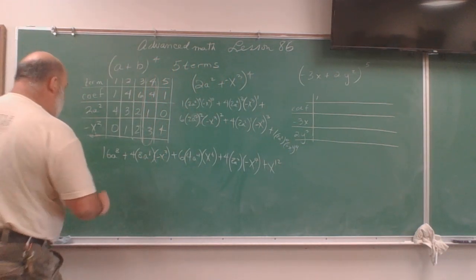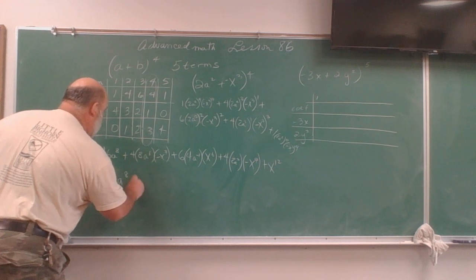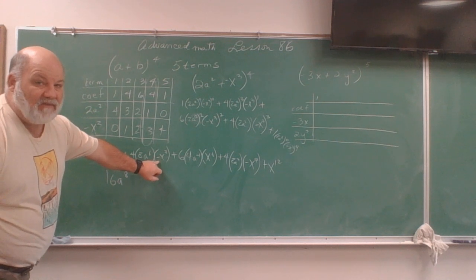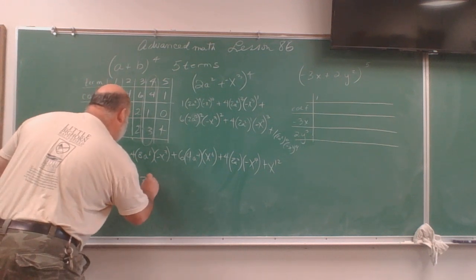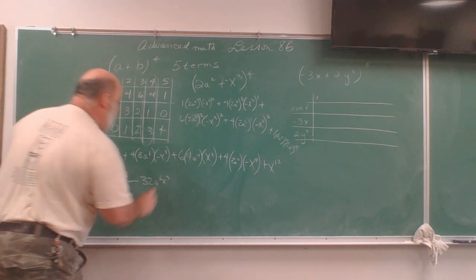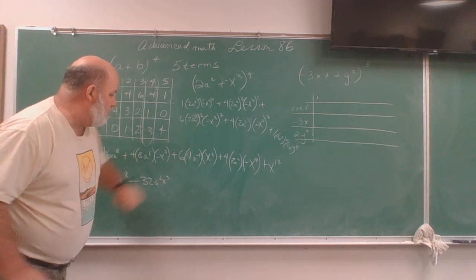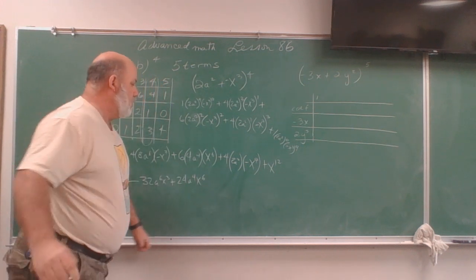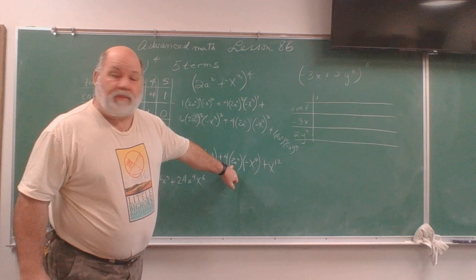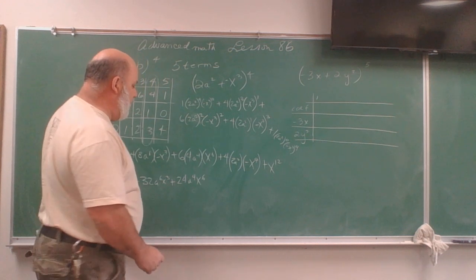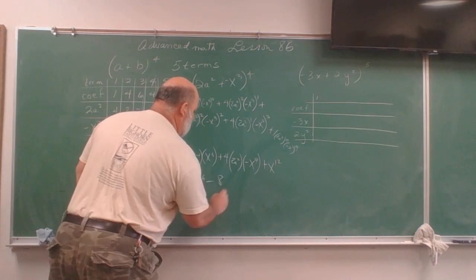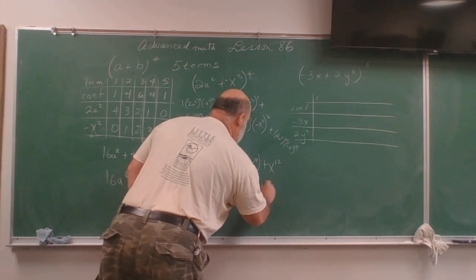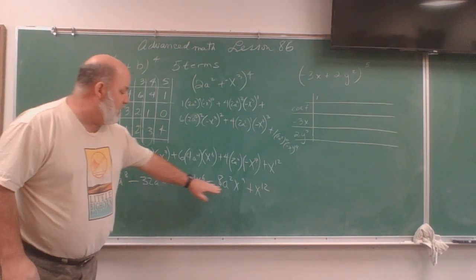Now our final step, to multiply these all out again. 4 times 8 is 32, but I've got this negative x cubed out here, so it's minus 32a^6x^3. 6 times 4 times 1, I have plus 24a^4x^6. 4 times 2 is positive 8, but times the negative, I have negative 8a^2x^9 and plus x to the 12. 5 terms, 1, 2, 3, 4, 5.